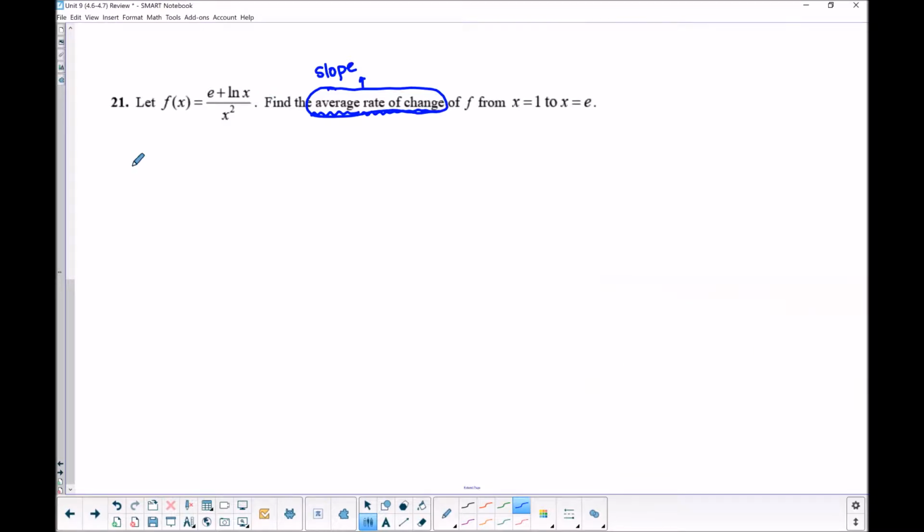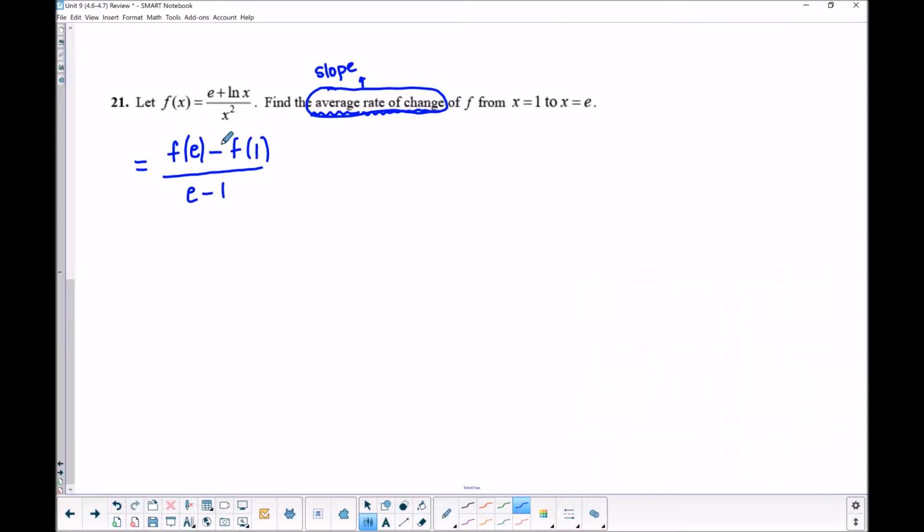So what we're going to be doing here is simply taking the difference of the y. So that would be the function f evaluated at e minus the function evaluated at 1. And of course, you could interchange those. It wouldn't make any difference as long as you're consistent in the bottom and you subtract e minus 1. So now we would have to do a little bit more.